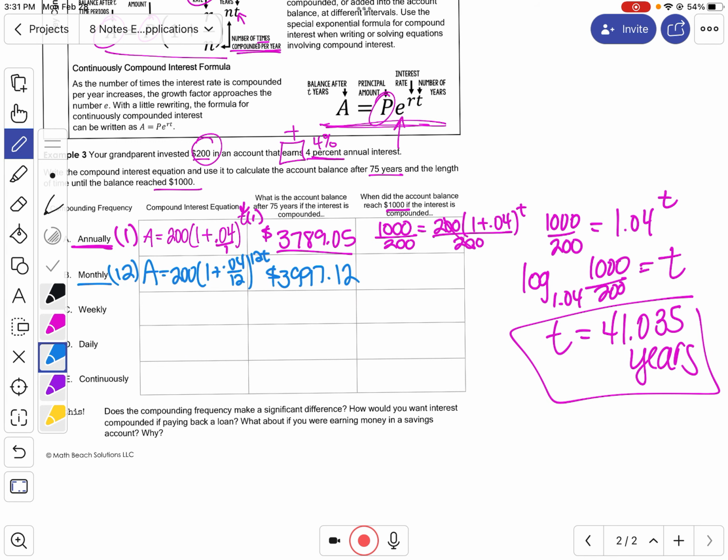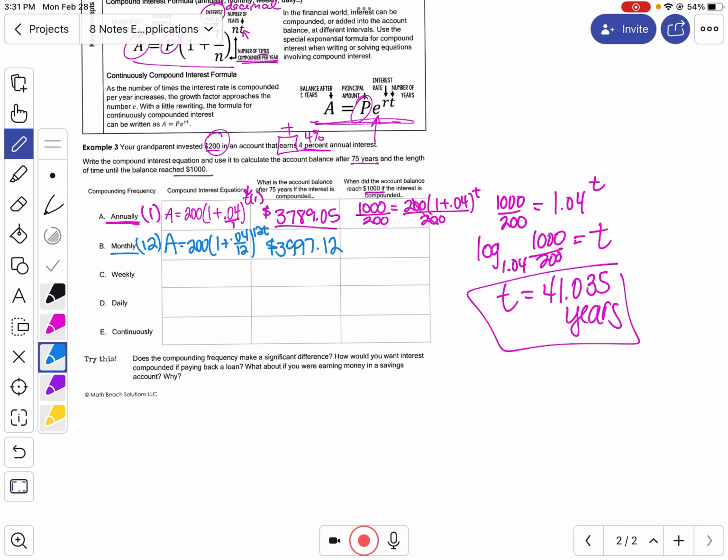And then now I'm going to have 1,000 divided by 200 equals 1 plus 0.04 over 12 to the 12t. I'm just going to leave this as this because it gives me a repeating decimal, to keep it the same.